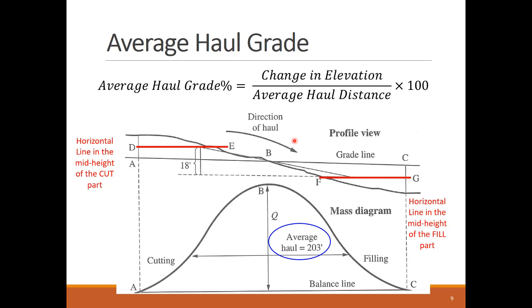For the shown CTF job, the equipment will experience on average a downhill grade of 5% when moving the soil from the cut to the fill area, and an uphill grade of 5% when returning back empty from the fill to the cut area.